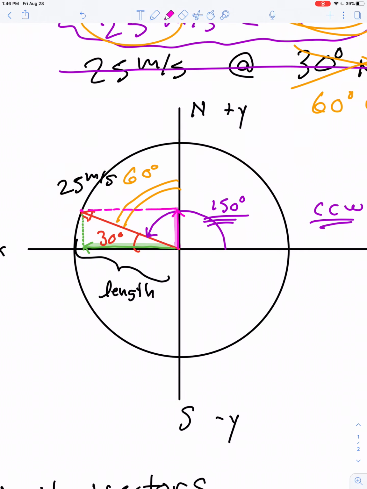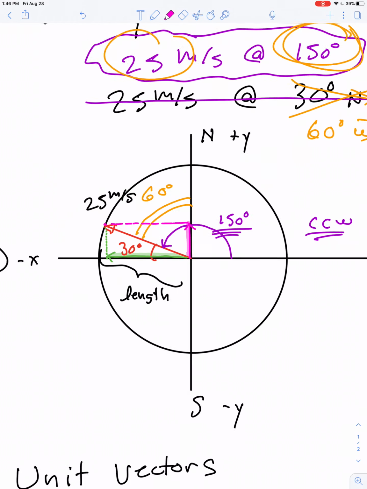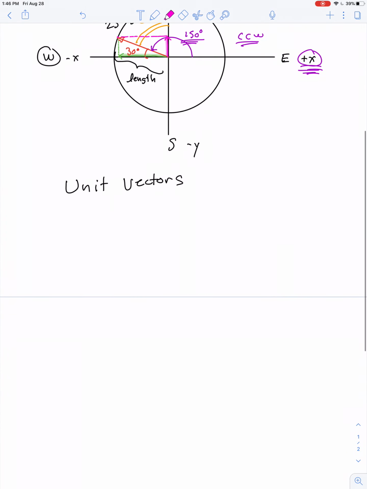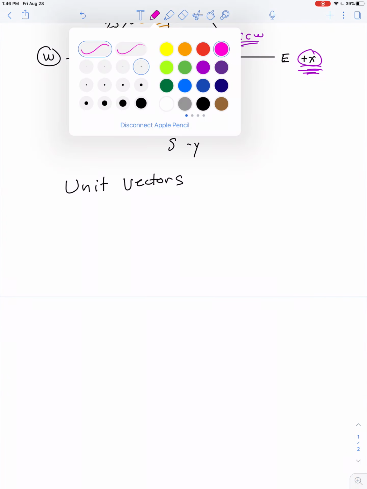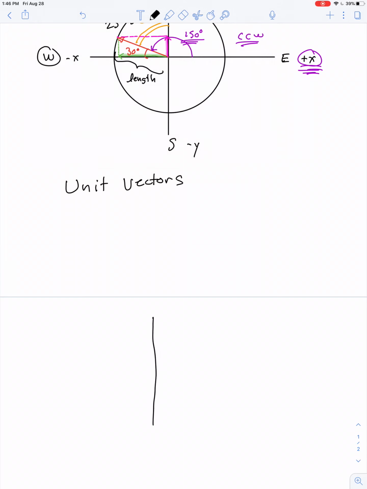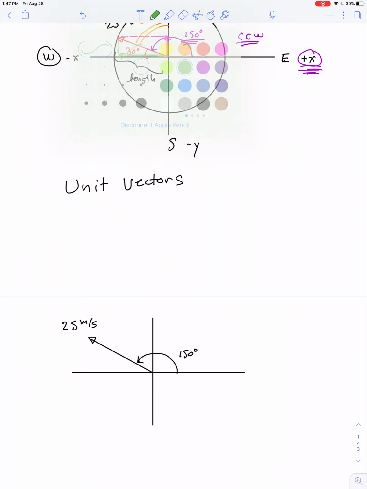Okay, so what we're looking at are the two components to this vector. If we draw this again, just to be clear, you have your y-axis and your x-axis, a vector whose length is meant to represent a speed of 25 meters per second, and is directed off of the positive x-axis at an angle of 150 degrees, has two components to it.